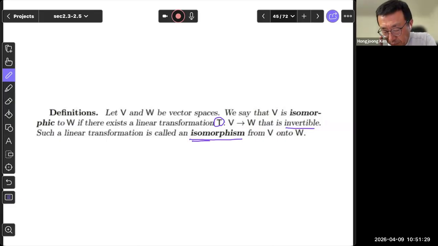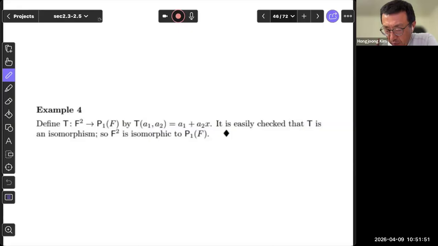Okay? So a linear invertible transformation will be called an isomorphism from V onto W. So if I define T from F2 to P1 by this, then this is definitely an invertible linear transformation.